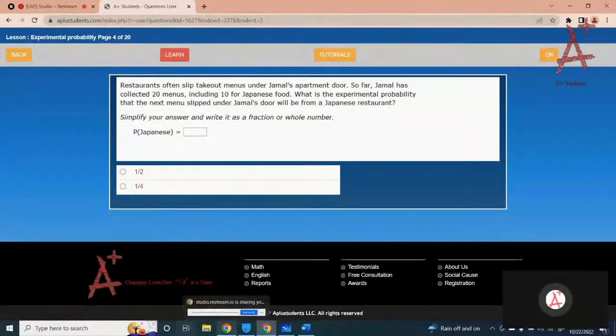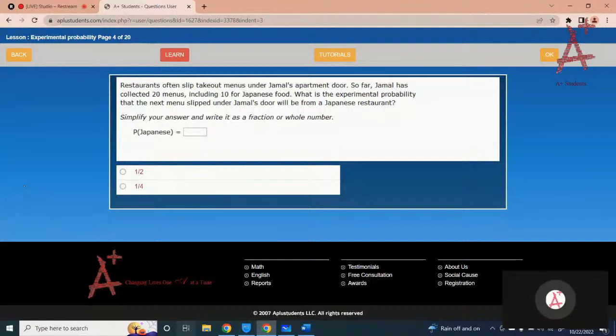Okay, the next one is: restaurants often slip takeout menus under Jamal's apartment door. So far, Jamal has collected 20 menus, including 10 of Japanese food. What is the experimental probability that the next menu slipped under Jamal's door will be from a Japanese restaurant? So the probability of a Japanese restaurant is 10 out of 20.